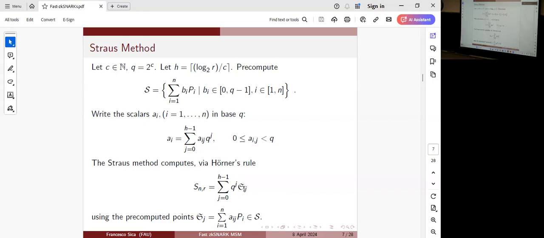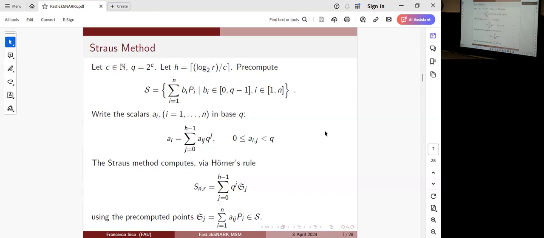And then you add the results together, you multiply everything by q basically, and then you do the same for the other one. So these points here are in fact pre-computed points in this set. Okay, but because the number of pre-computed points scales exponentially with n, this is not good if n becomes large.